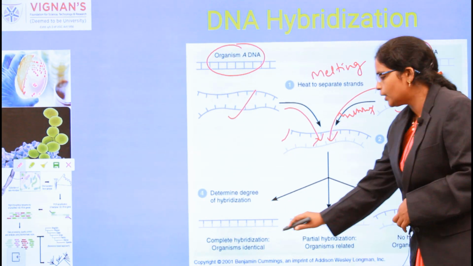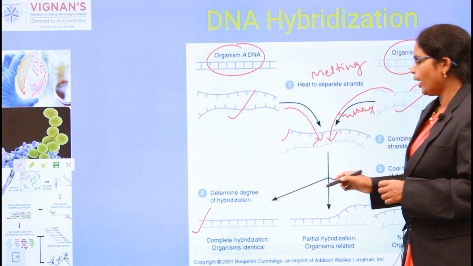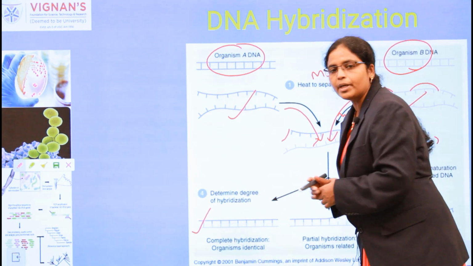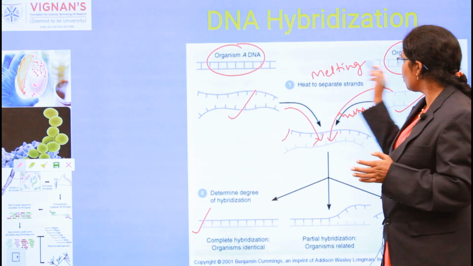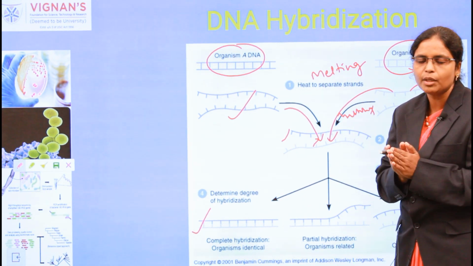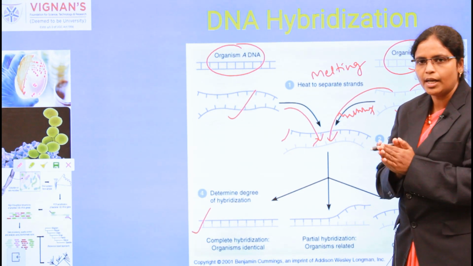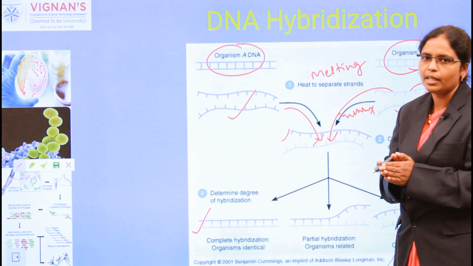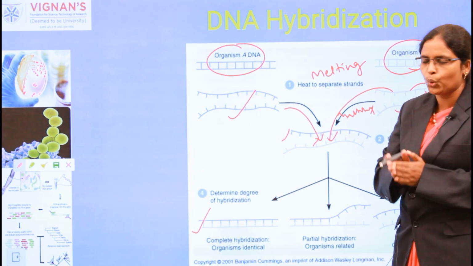Here you can observe the results. In the first case, the degree of hybridization is 100%, which means these two organisms are closely related, that is, the genetic material is similar. So with 100% hybridization we can say these two organisms are in one particular group.